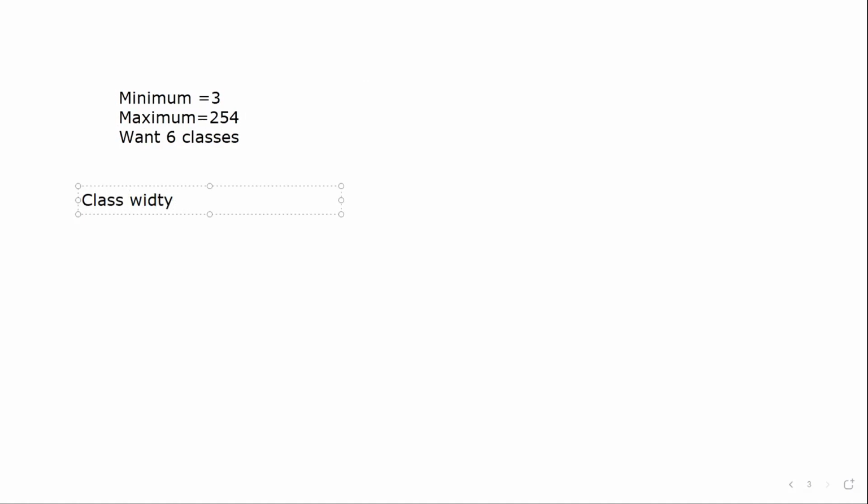Remember, the class width is our maximum minus the minimum, and we're going to divide that by the number of classes that we want.